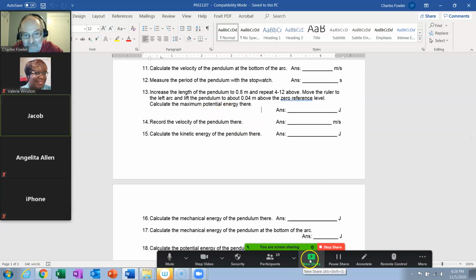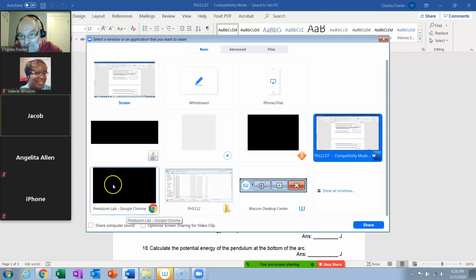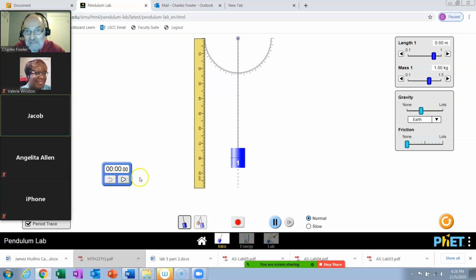Okay, so let's go back to the pendulum lab, and now we're going to go up here to, does that look about 0.4?